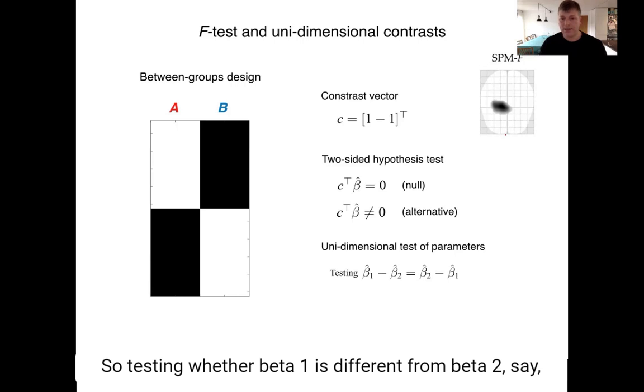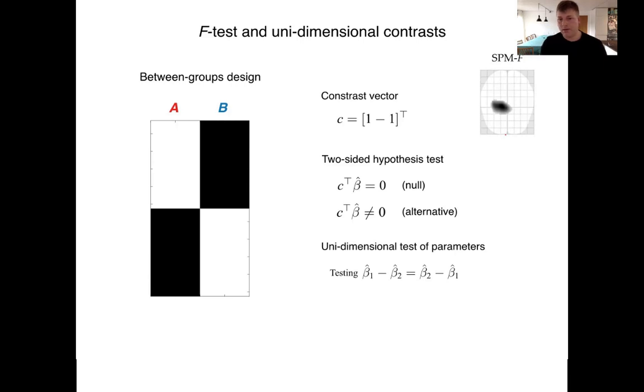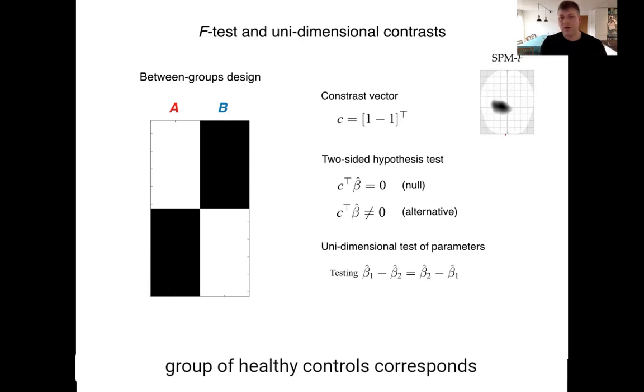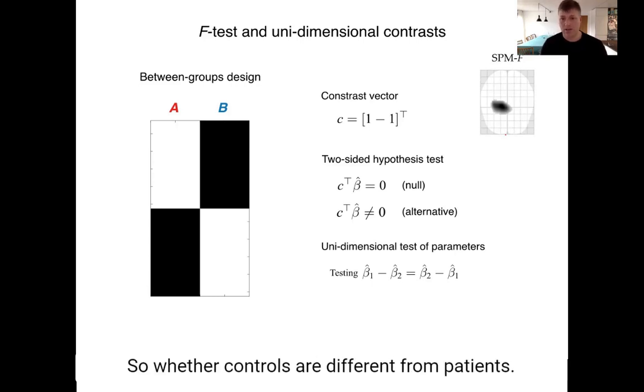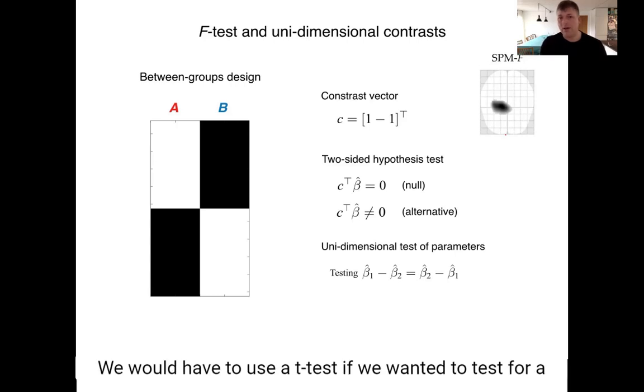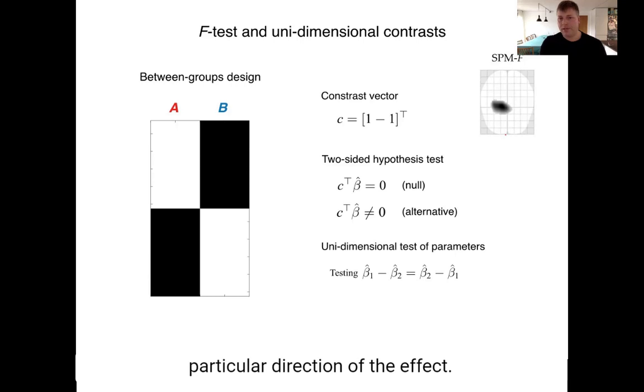So testing whether beta 1 is different from beta 2, say a group of patients with schizophrenia is different from healthy controls, corresponds to testing the opposite, so whether controls are different from patients. So there's no direction in the test. We would have to use a t-test if we wanted to test for a particular direction of the effect.